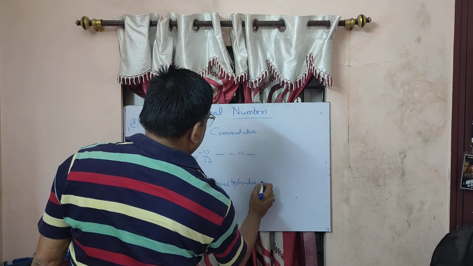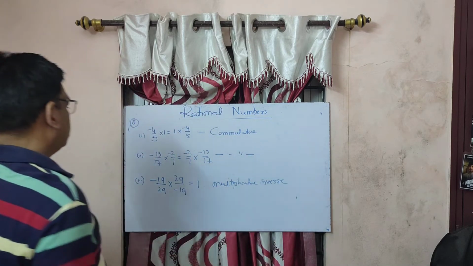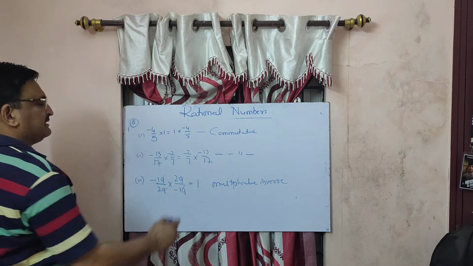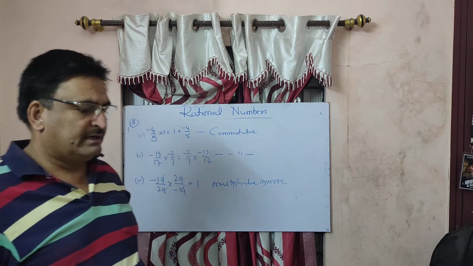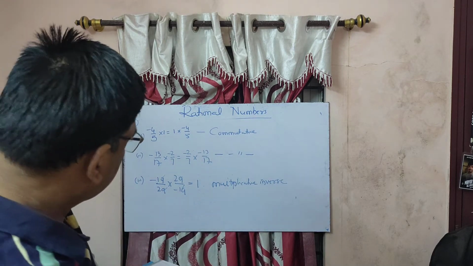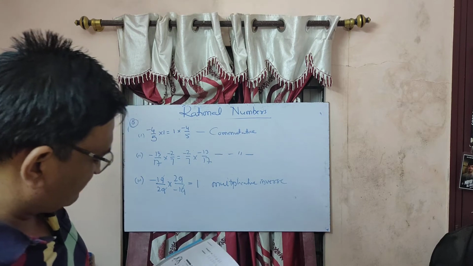So if you cancel this and this, the answer will be 1. This is the multiplicative inverse property. Okay, now we'll move to the next question, number 6.